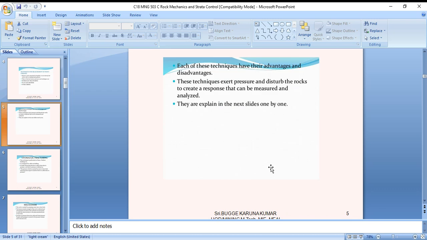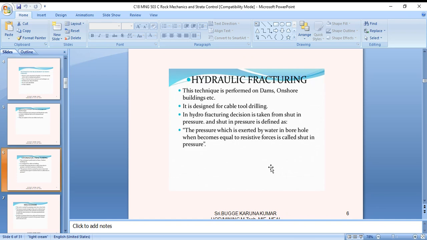Each of these techniques has its advantages and disadvantages. These techniques apply pressure and disturb rocks to create a response that can be measured and analyzed. They are explained in the next slides one by one.